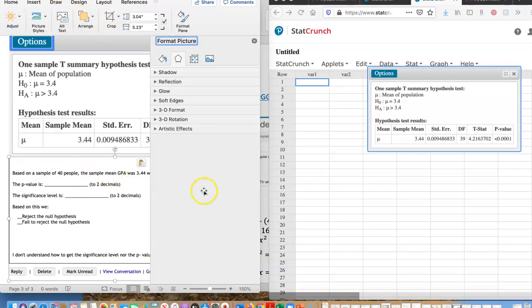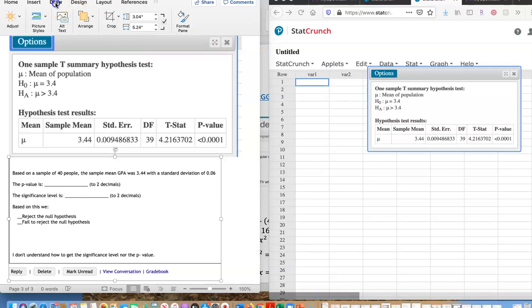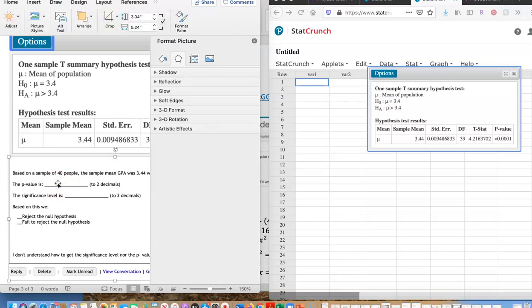So, since I can't type in, I'm just going to write it in, not very well. But to 2 decimal places, when we round that to 2 decimal places, the p-value is actually going to be 0.